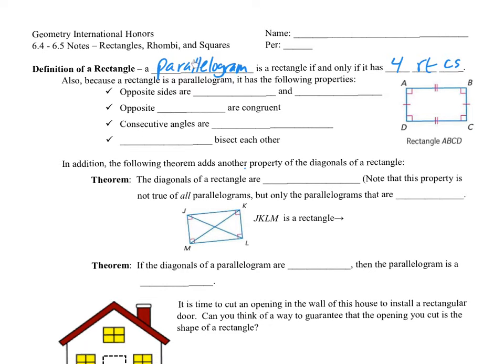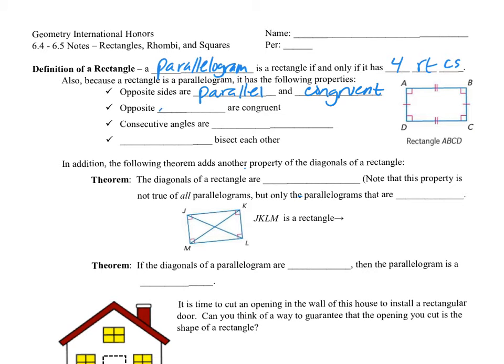Also, because a rectangle is a parallelogram, that means that every property that a parallelogram has also applies to a rectangle. So not only does a rectangle have 4 right angles, but also its opposite sides are going to be both parallel because it's a parallelogram and congruent because that's a property of every parallelogram.